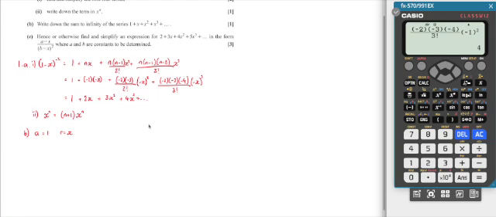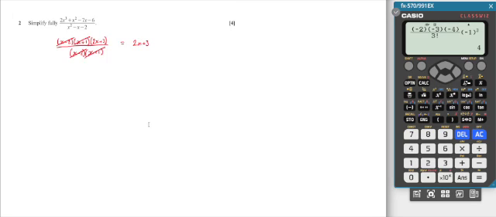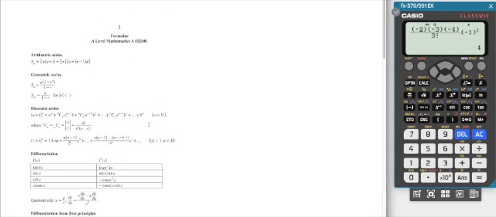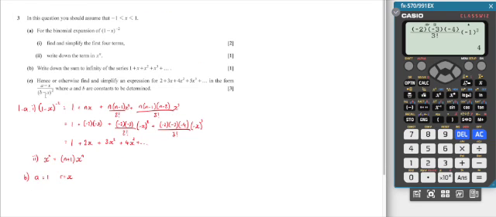My sum to infinity, let's just double check what that is, so we make sure that we are happy with that. Sum to infinity is a over 1 minus r, which is 1 over 1 minus x. I can see where this is going.